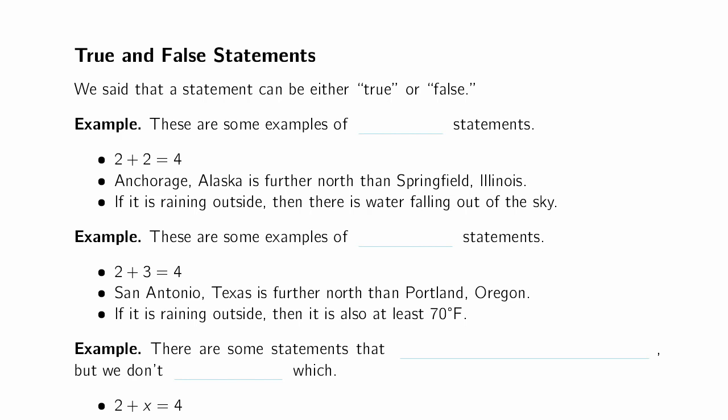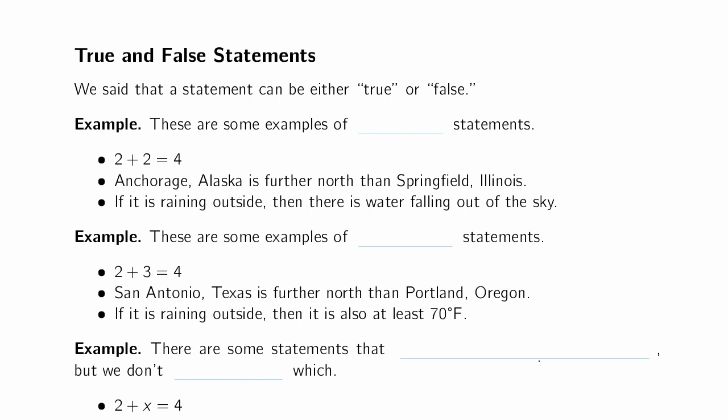Part of the point of formal logic is that there are certain manipulations we can do and certain inferences we can draw, whether or not the statements that we're working with in the background are true or false. So we're going to write down statements kind of regardless of whether or not they're true.